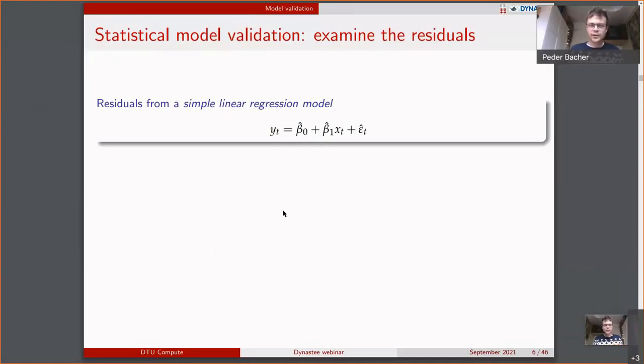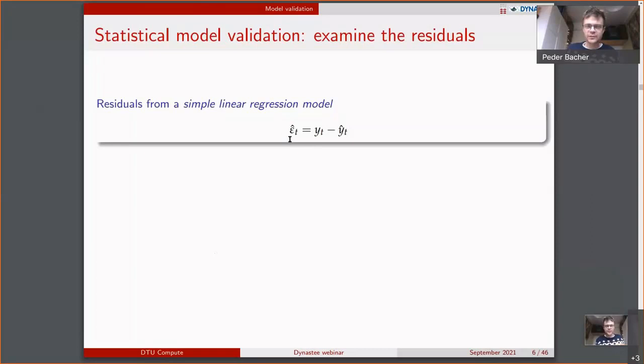And once we've done that, if we have some XY data, what we need to do is check our assumptions. We have certain assumptions behind this model. So we take this part over here, which we call the prediction. If we subtract the prediction from the observation, then we have what we call the residual.